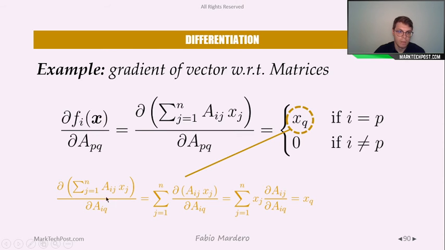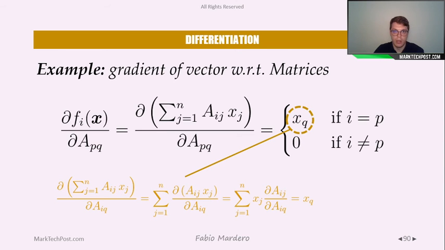But remember that the derivative is a linear application. In fact, there's the sum rule, a differentiation rule, that says that the differentiation of a sum is the sum of the differentiations. Now we have the sum of the differentiations, but we can see more, because since we are computing the derivative with respect to aiq, xj here is a scalar.